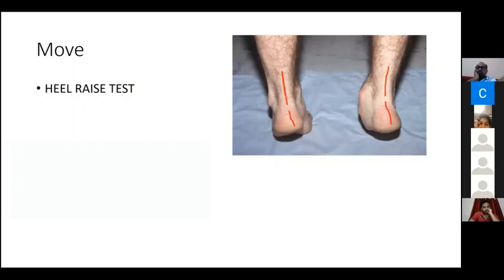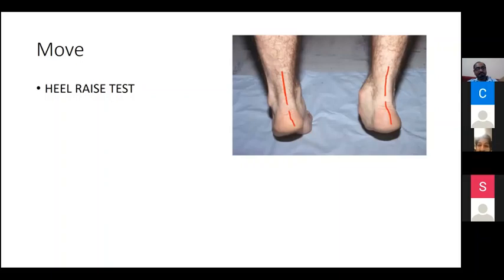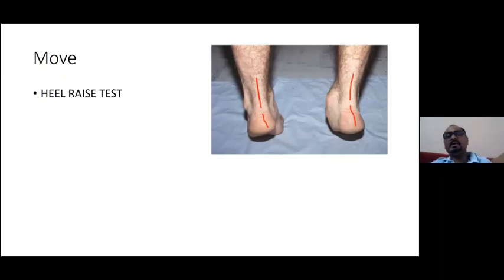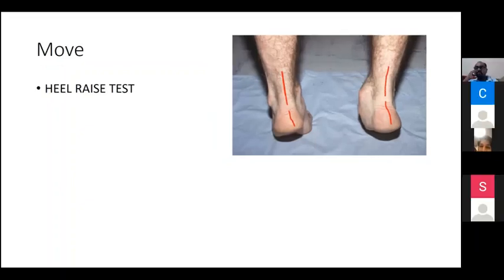Whether the deformity is correctable, whether the posterior tibialis is functioning or not, or to check for the rigidity of the pes planus. If the patient stands on the toes and the medial longitudinal arch appears, that means it is flexible. We are talking about the subtalar joint, whether it is rigid or not.